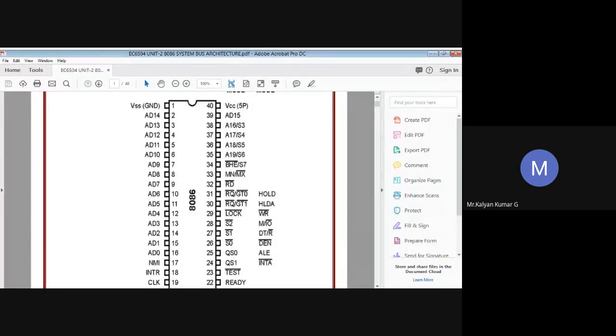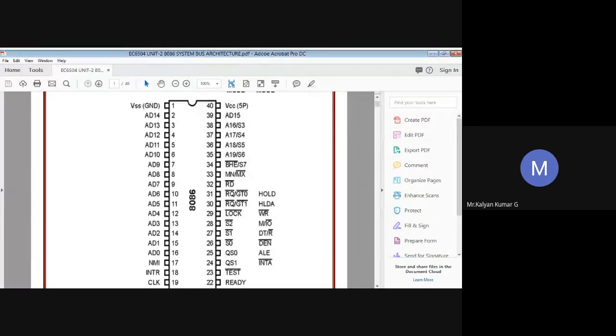And apart from that, we have RQ bar/GT1 bar and RQ bar/GT0 bar, request grant. So these types of signals are also available. What is the function of these? These requests are used by other local bus masters to force the processor to release the local bus once the processor ends the current bus cycle operation, so that others can make use of it.